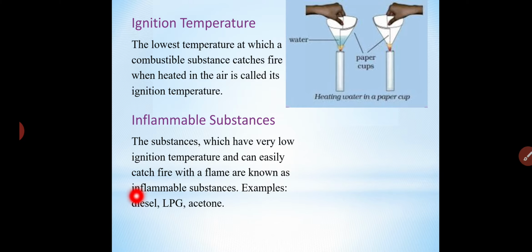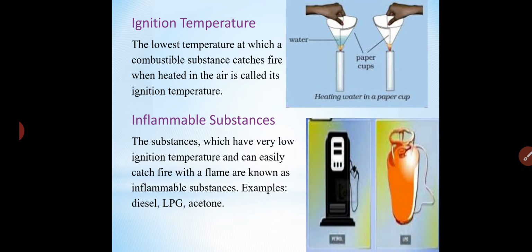For example, diesel, petrol, LPG, and acetone are good examples of inflammable substances. Petrol, diesel, and the LPG cylinder are very good examples.